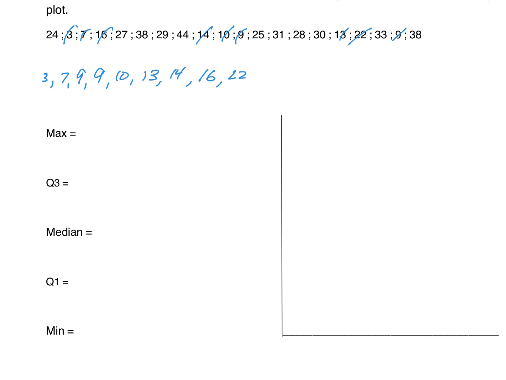Then we have a 24 to start there. Do we have a 25? Yes, we have a 25. Then 26, we have a 27. We have a 28, and then a 29.